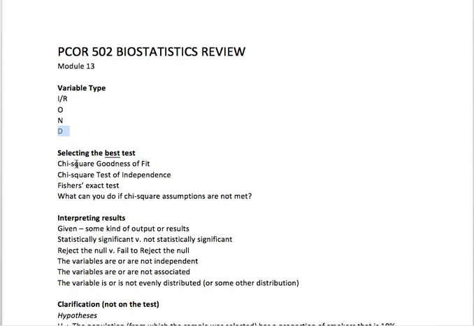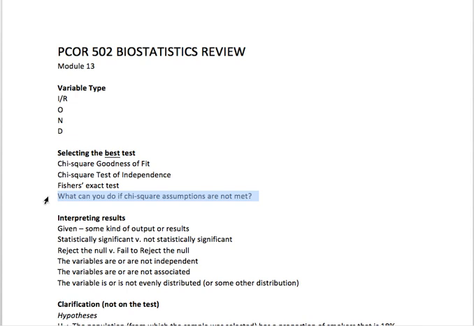And what we're wondering is, are those two categorical variables related to each other? Are they independent from each other, or are they associated? So those are just two different ways of asking the same question. So that's your chi-square test of independence, where we have two categorical variables. Now let me jump down here to what you can do if the chi-square assumptions are not met.